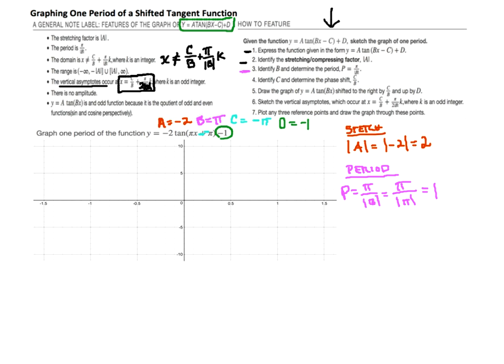Okay, so phase shift is given by c over b. c in this case is negative pi. b is pi. So that is negative 1.